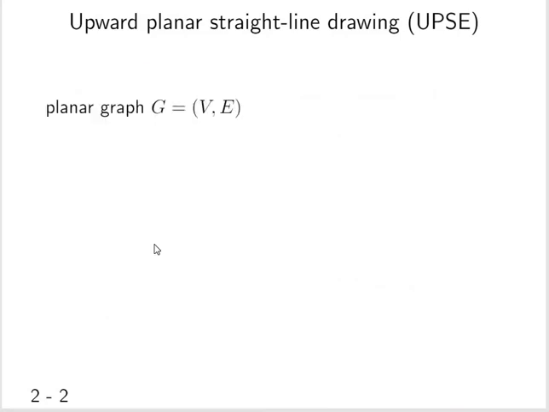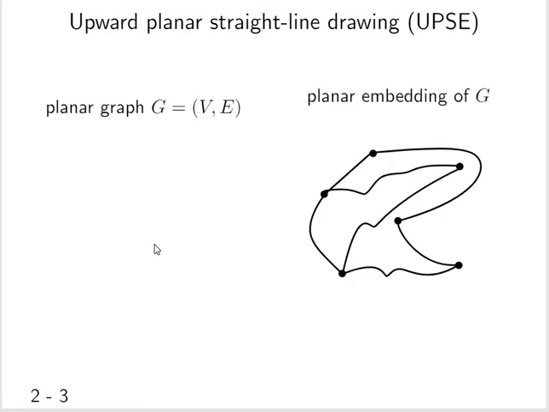Okay, so suppose you have a planar graph G, which is a set of vertices and a set of edges, pairs of vertices, and the planar embedding of G is a mapping from the set of vertices V to points in the plane, so that edges of the graph are mapped to some curves that connect their endpoints, and the embedding is planar when there are no crossings between the images of the edges.